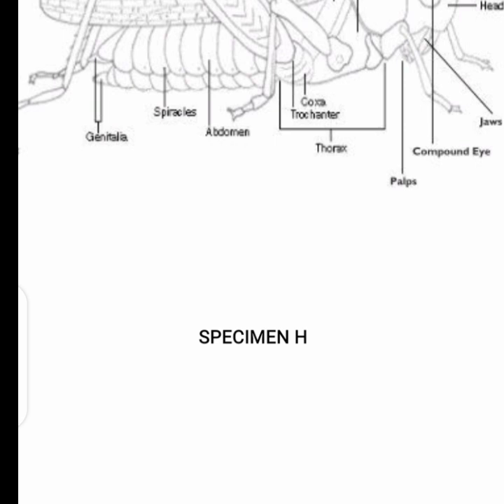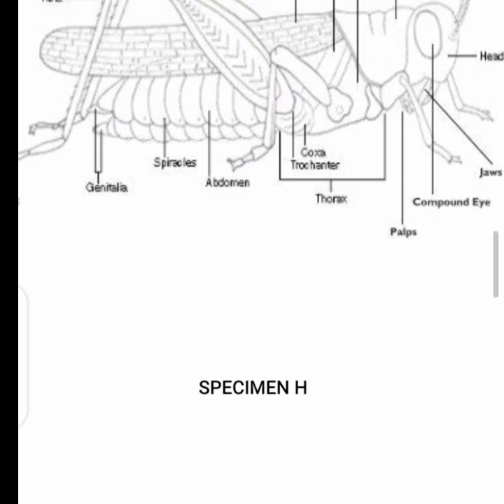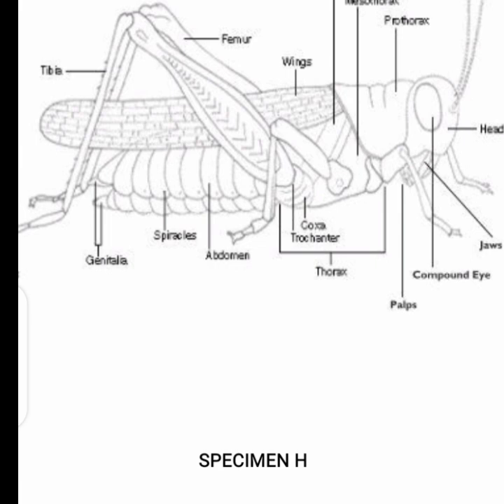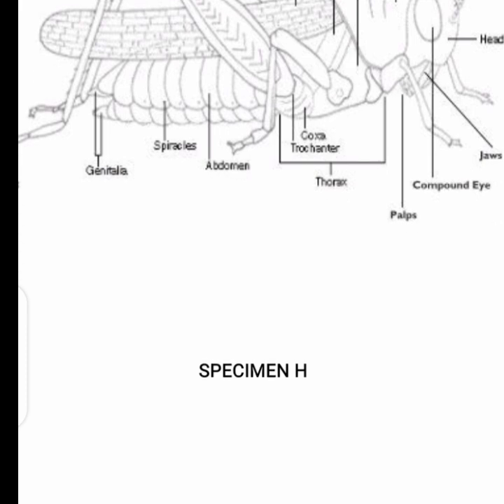Then their diet: they are herbivores, they only feed on plants. That is why they are actually pests, because when they feed on certain plants, it is a disadvantage to agricultural produce. Then the life cycle starts with the egg, they produce a nymph, and from the nymph they get to the adult stage. Economic importance is that they damage crops, and they are a food source for birds, reptiles and other insects too.